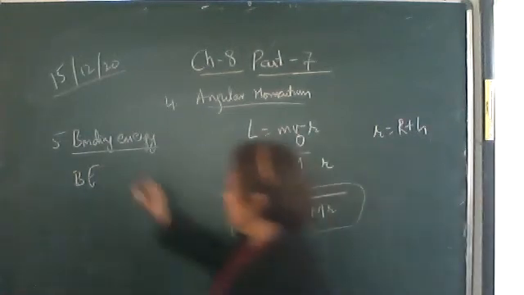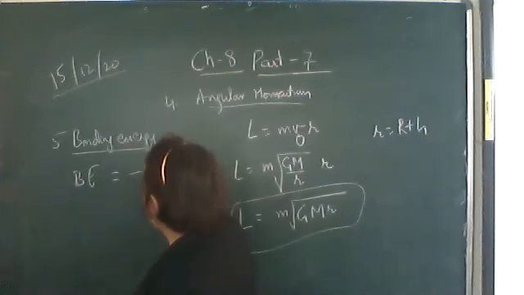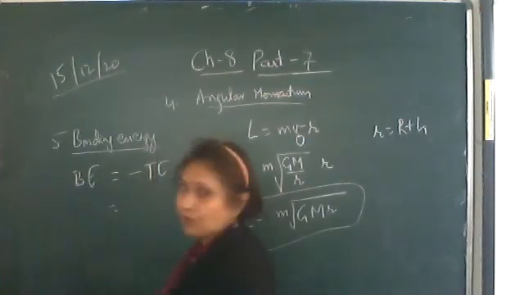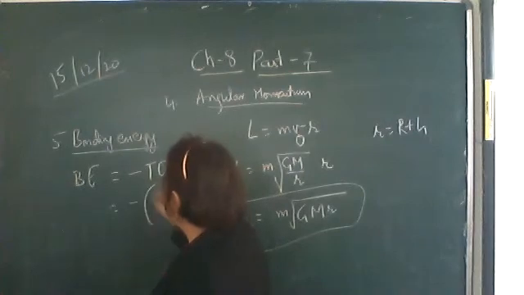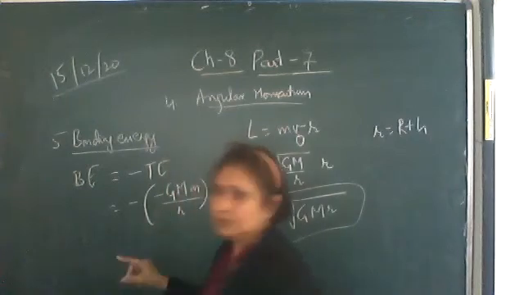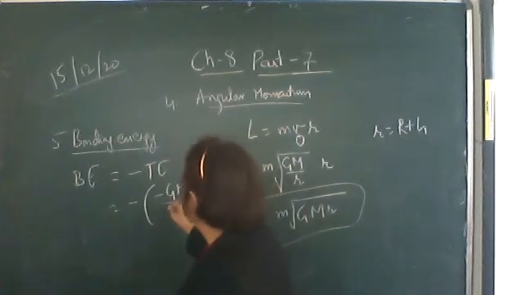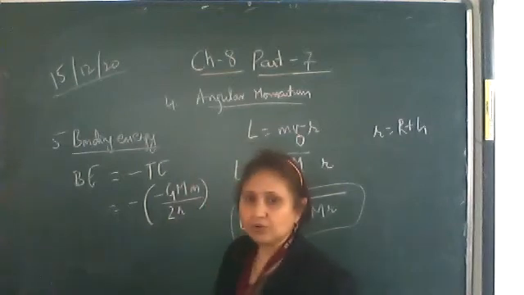So binding energy is negative of total energy, and total energy we know, just now we found out, is minus GMm upon 2R.